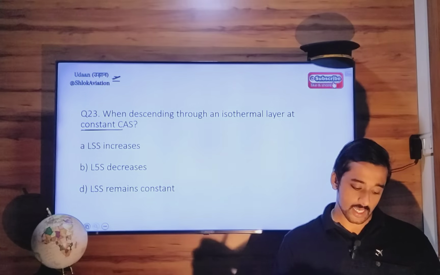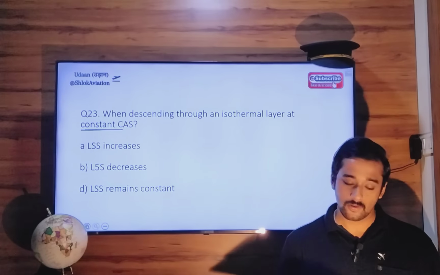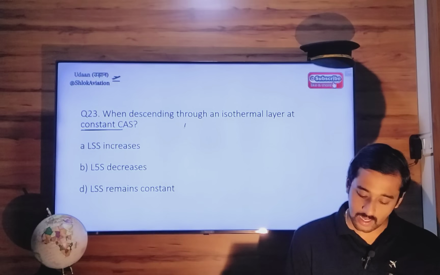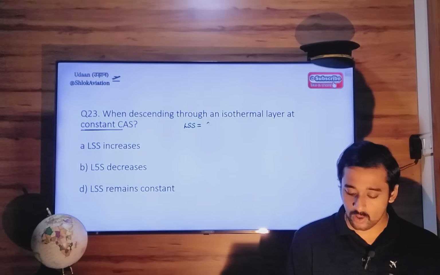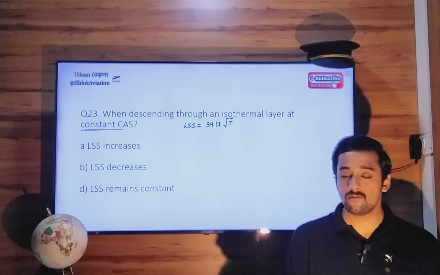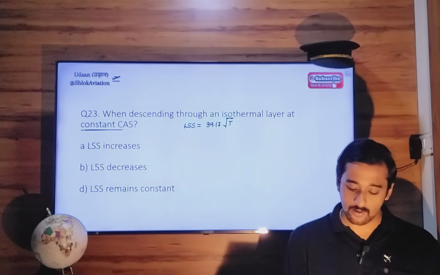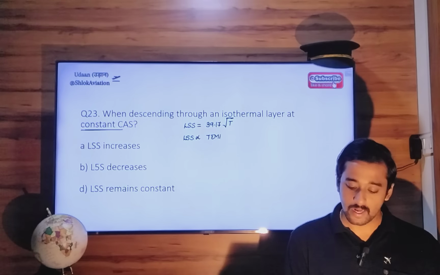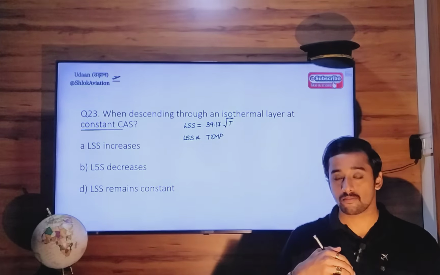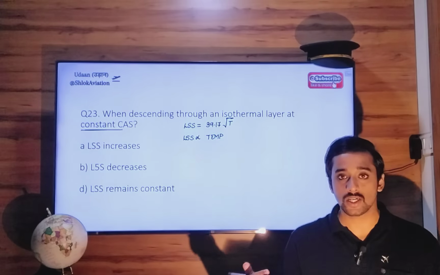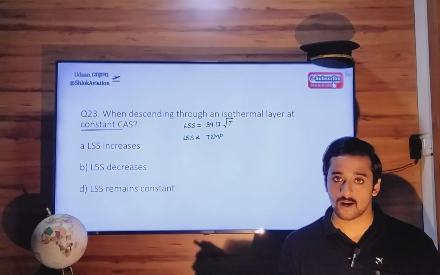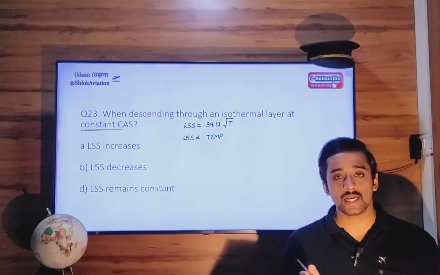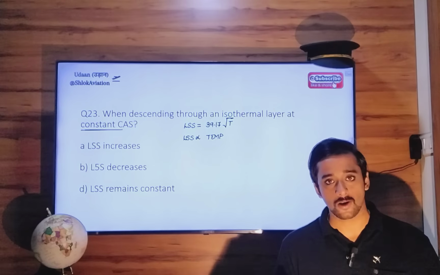But here the options are with respect to local speed of sound. The local speed of sound formula is 39.17 square root of temperature in Kelvin. So local speed of sound is directly proportional to temperature. The warmer the temperature, the higher the local speed of sound. The colder the temperature, the lower the local speed of sound.